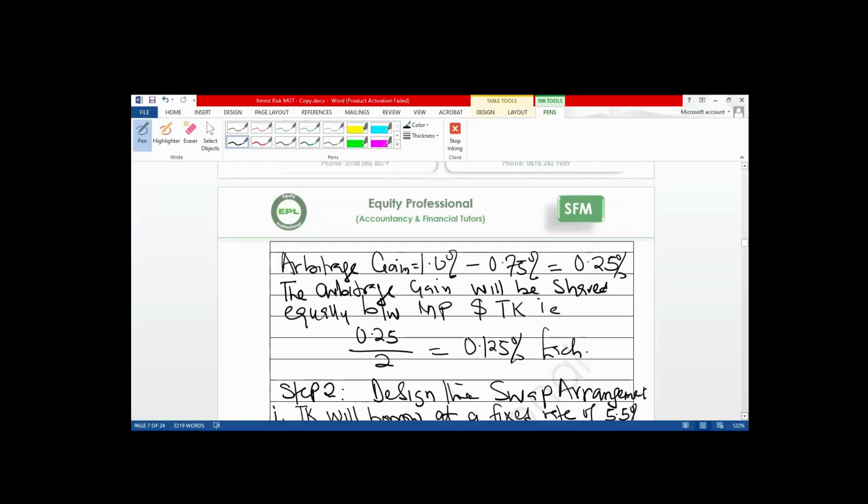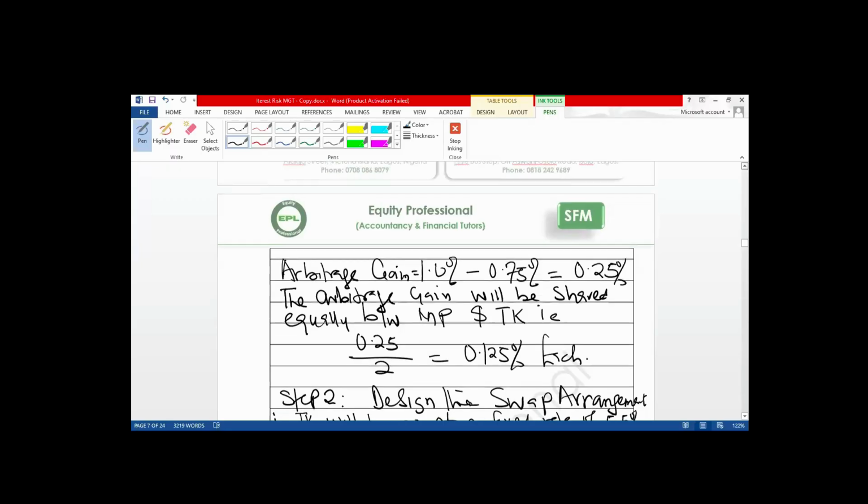Design the swap arrangements. For you to design, you cannot design with your personal intuition. You now go back to step 1.